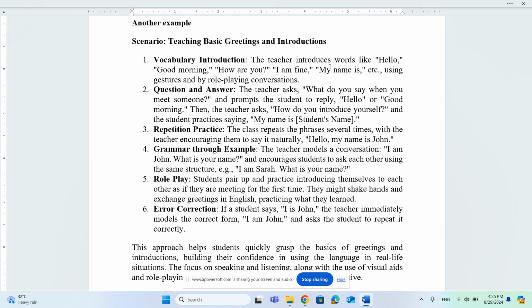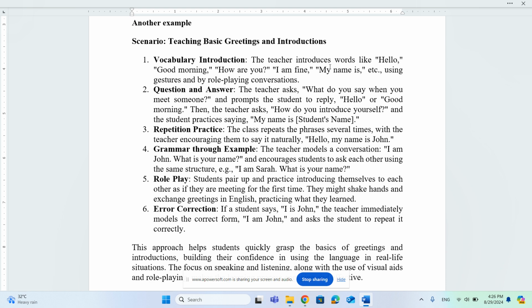The teacher introduces words like hello, good morning, how are you, I am fine, my name is, etc., using gestures and by role playing conversations. Then in the second activity, what you do while teaching basic greetings and introductions by following this method is the teacher asks, what do you say when you meet someone?